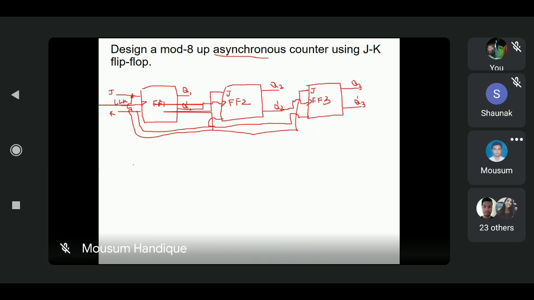See here, the timing diagram, how it behaves. Okay. Suppose see here.